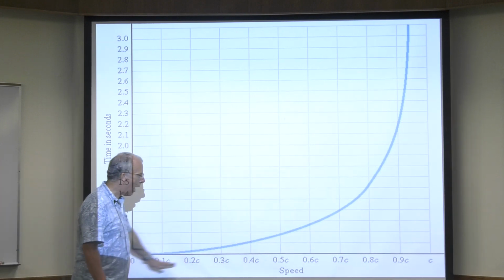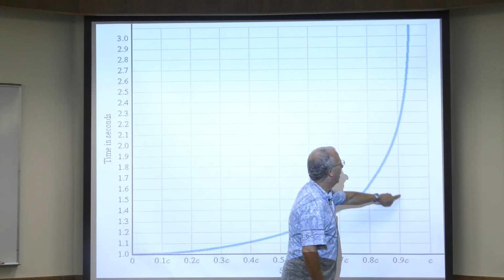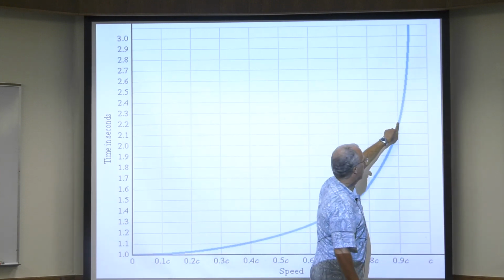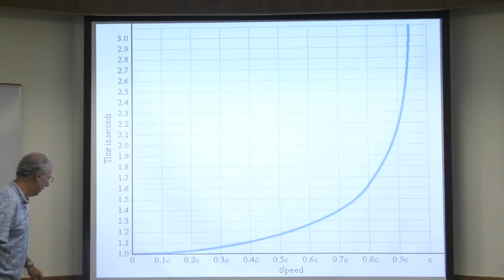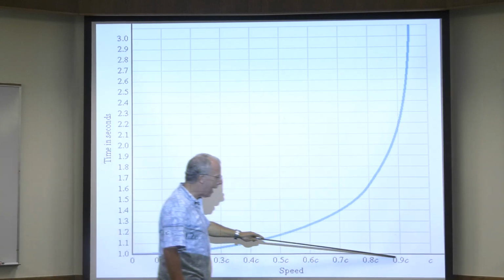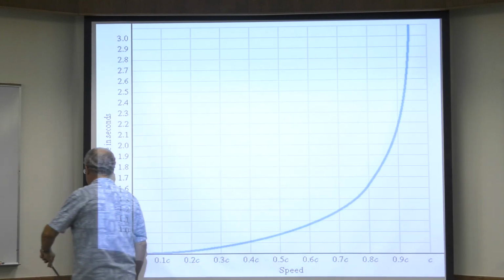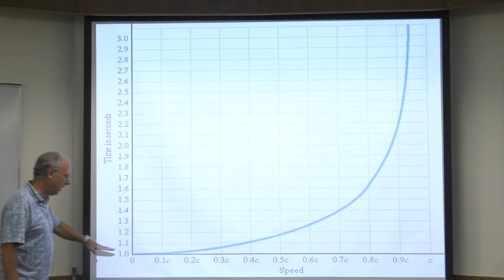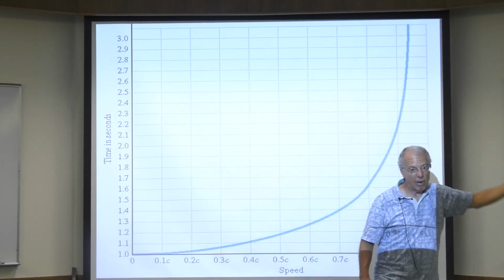But look how it goes up. Let's say the rocket was going 90% of the speed of light. Velma says 1 second. What does Mort say? 2.2 seconds. Let's say it's going at 0.999. Sorry, it doesn't go up that high on our chart. All I'm saying is, when things go really, really fast, the time changes really rapidly.